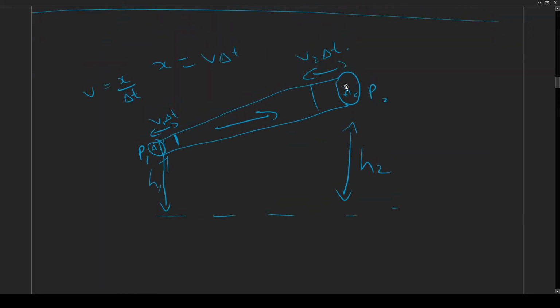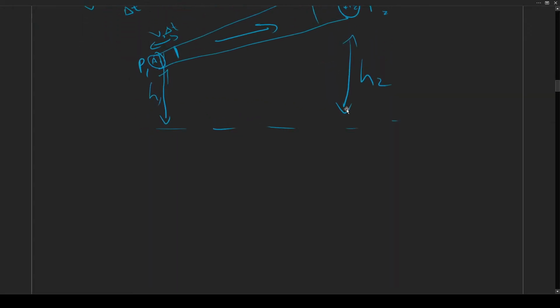Now the first thing we do is find the work done. At the first surface, at this region, work done 1 is equal to force 1 into displacement or distance. We don't need mass into acceleration, we can use the pressure formula.